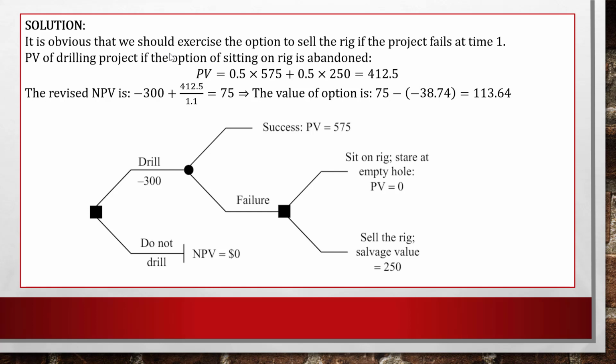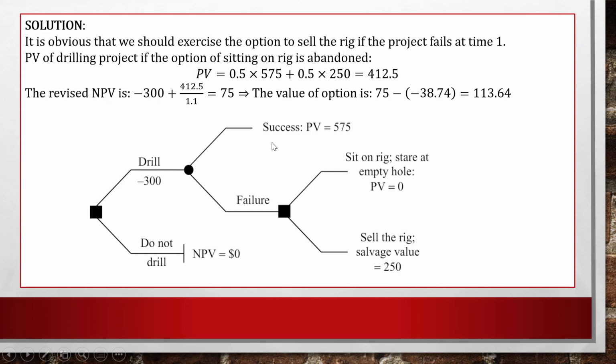Here's the thing. Here we only consider the drilling project case, right? And we have two possible outcomes, either success or failure. But in fail, we abandon the possibility of sitting on the rig and staying at the empty hole. So for the fail, we get $250 PV.